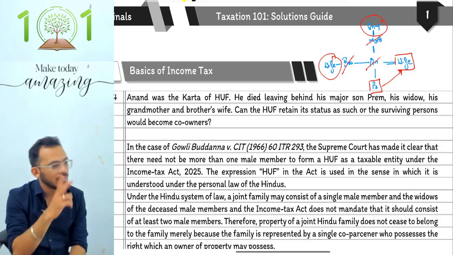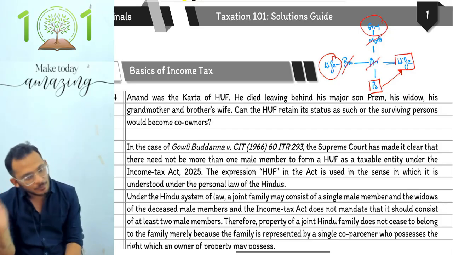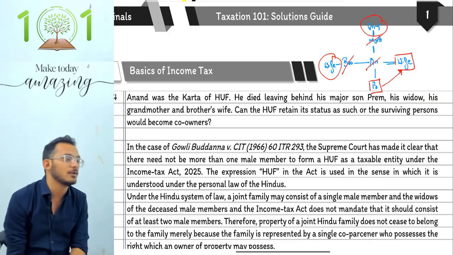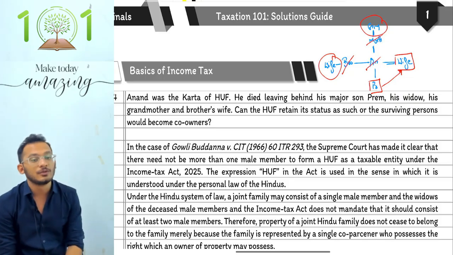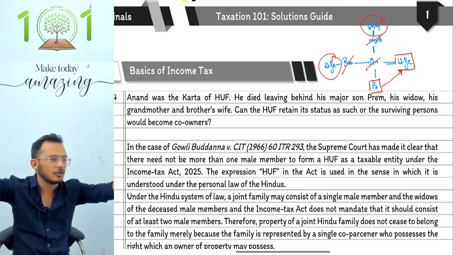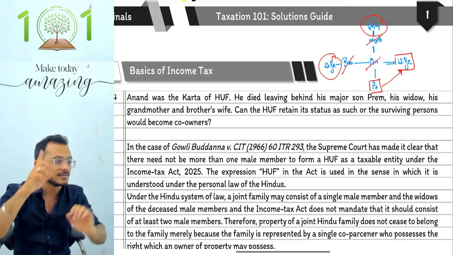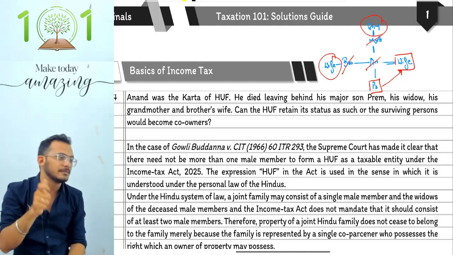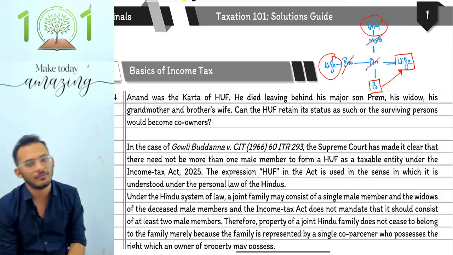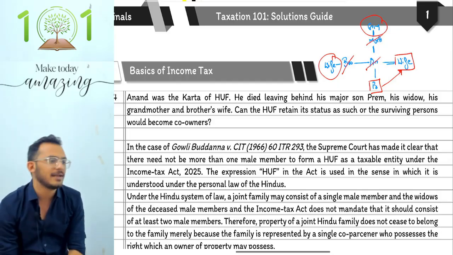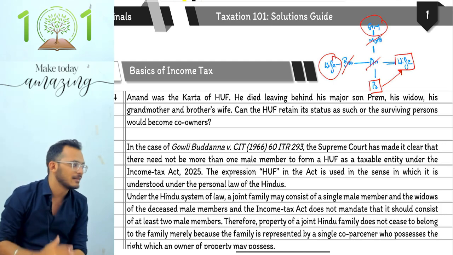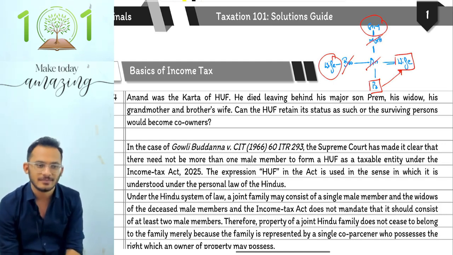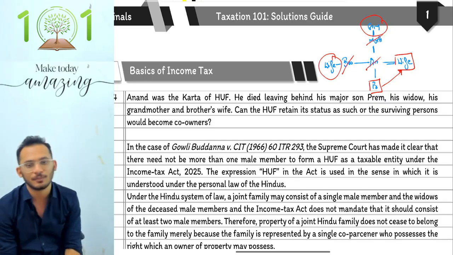Understand, in one business you can have profits and gains, in one profession you can have profits and gains, but you cannot have a person doing both business and profession. If he is doing both, then they are separate activities altogether. We cannot merge them. Then we have capital gains, and finally income from other sources. Yes, thankfully nothing changed in the Income Tax Act 2025 other than the section numbers. All remains the same, so there is no problem anyways.